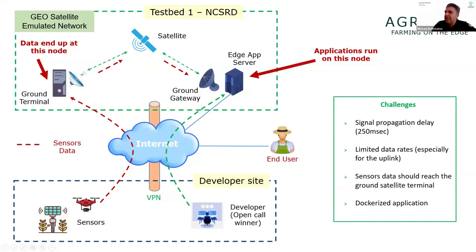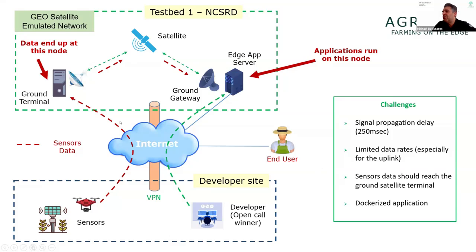We have limited data rates, and this is an issue that you have to pay attention to. As this is a geosynchronous satellite, the uplink from the ground terminal, from the field actually, to the server is limited. We don't have a broadband connection here.